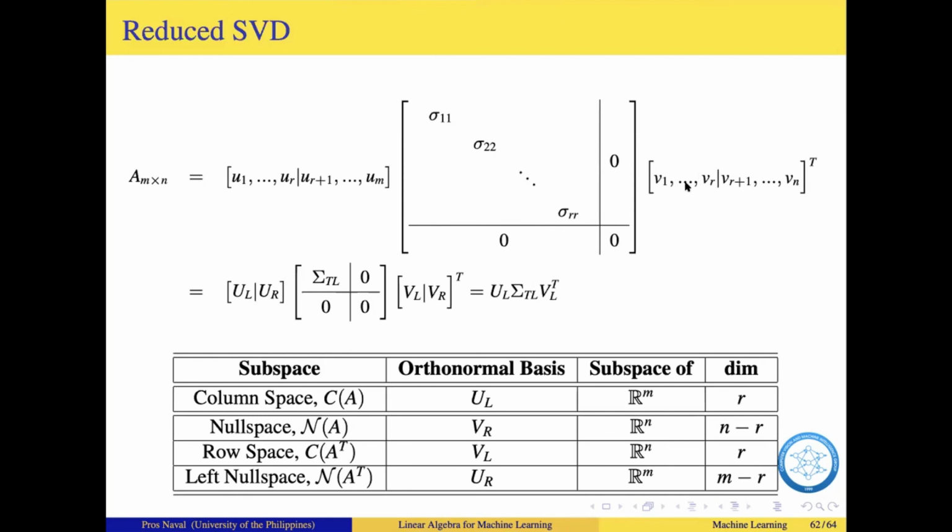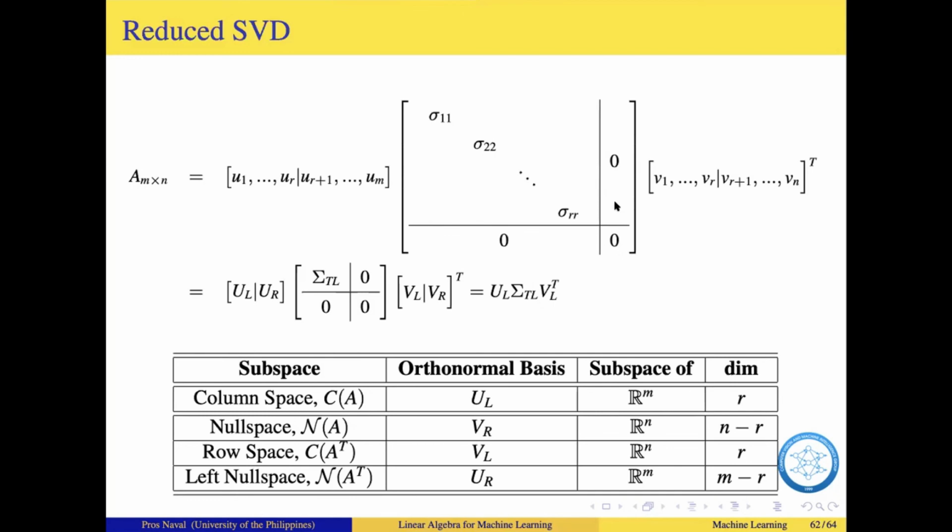And similarly for V, you have the right singular vectors V1 up to VR, VR plus 1 up to Vn, and we also partition this matrix into a V left and a V right submatrix. Now the sigma matrix is also partitioned according to whether they contain all zeros.